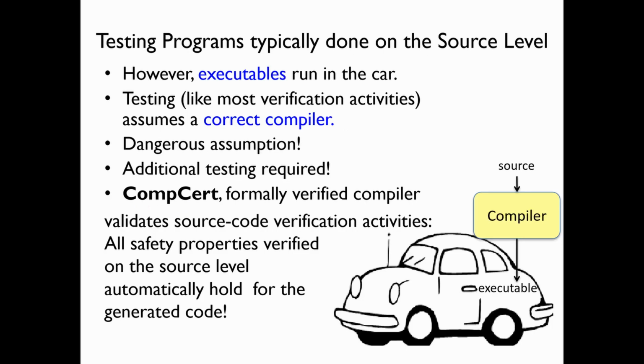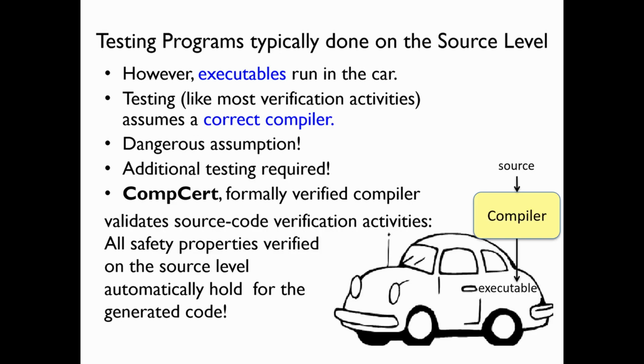There is another warning about testing in place. Testing is typically done on the source level. At least one looks at the source level while one runs the compiled executable with test data. The test results are again interpreted looking at the source program. This implicitly assumes a correct compiler.